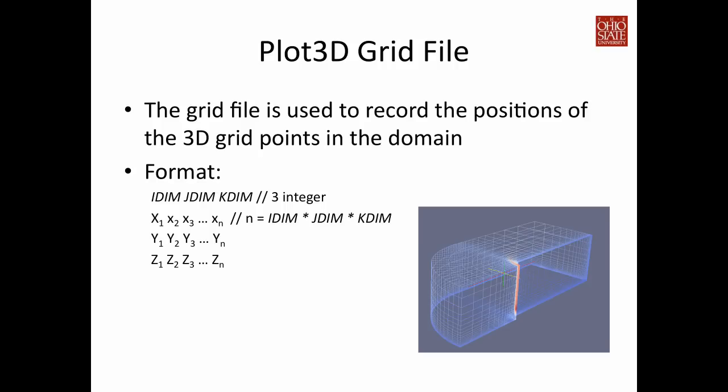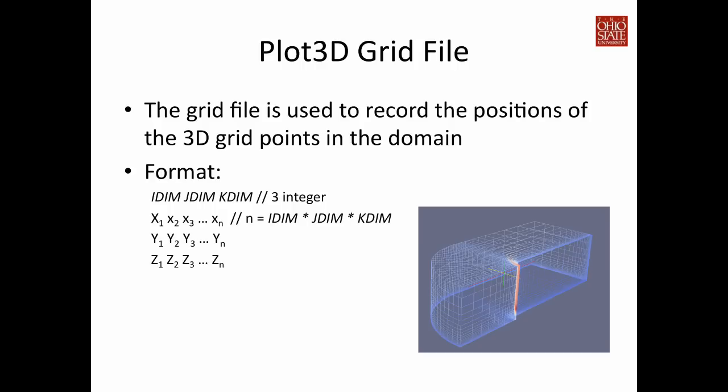First of all, you need to give it dimensions for the structured grid mesh. It is assumed that it is a 3-dimensional domain, so you need to give the dimensions for i, j, and k. Then you need to provide a sequence of the positions for the grid points, assuming n is the number of grid points, which is the product of i dimension times j dimension times k dimension.